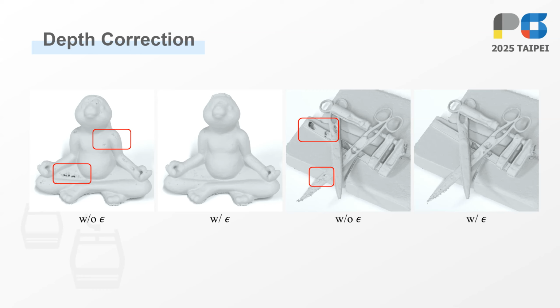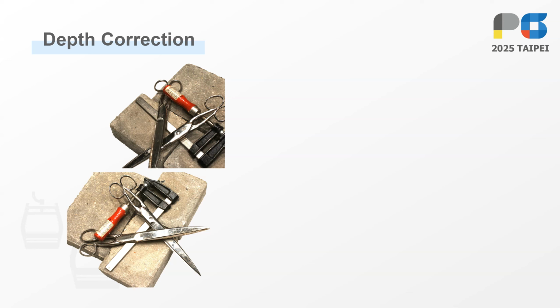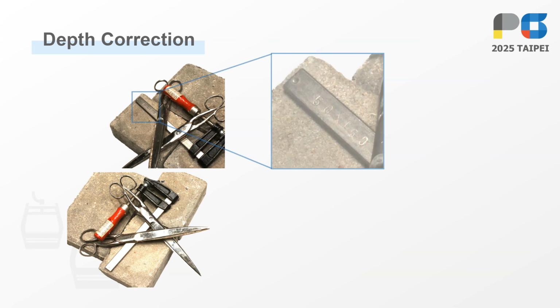So what is the underlying principle behind this improvement? In specular areas, under non-overexposed viewing angles, subtle textures of the surface, such as scratches or dust on metallic objects, remain visible. These features allow Gaussians to distribute correctly near the true surface.